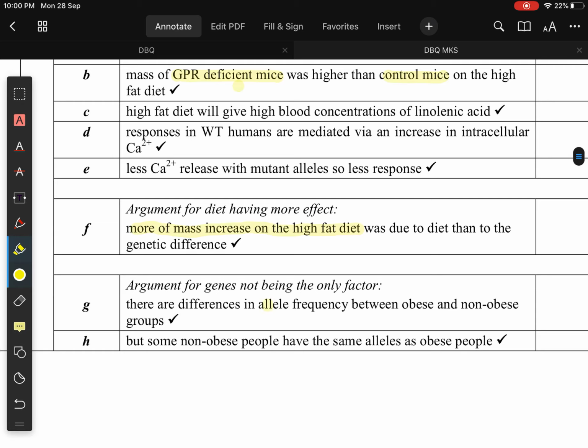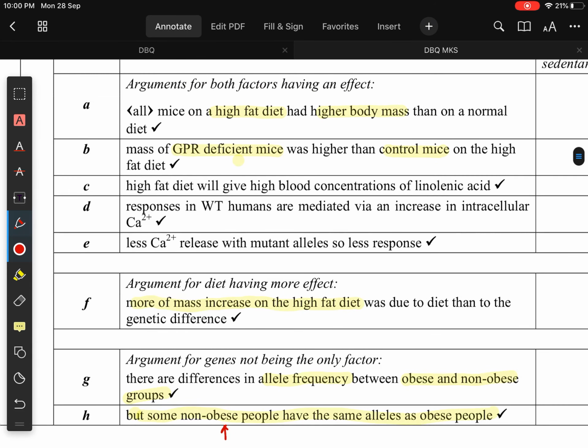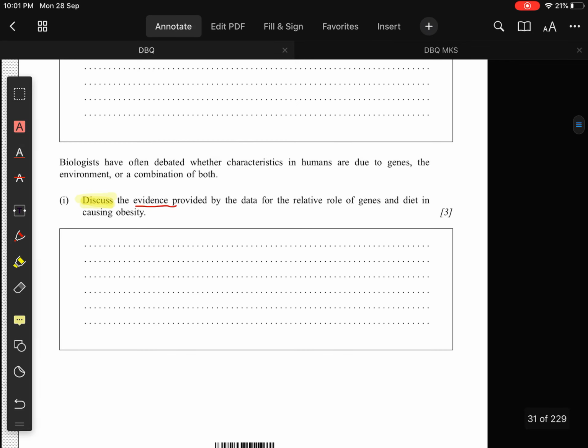Gene is not the only factor, because there are differences in allele frequency. We can see the difference in allele frequency, but some non-obese people have the same allele as obese people. But this information is actually not very appropriate, because from the question you are not getting enough information. You can't provide the evidence for this one. So it's always better to give information which you can support with evidence from the question.